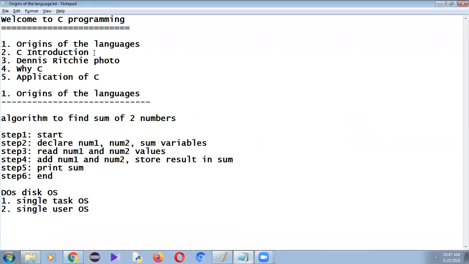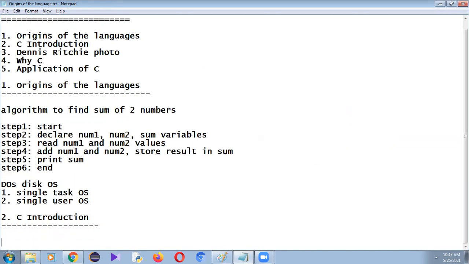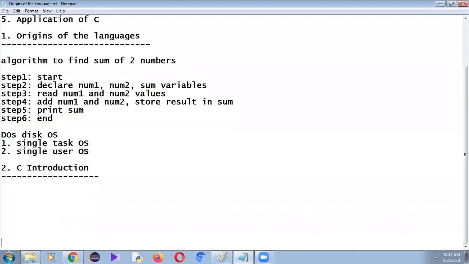Let's talk about the C introduction. C is a procedural programming language. That means a C program is divided into procedures. A procedure is nothing but a function. C was invented by Dennis Ritchie at AT&T Bell Labs.